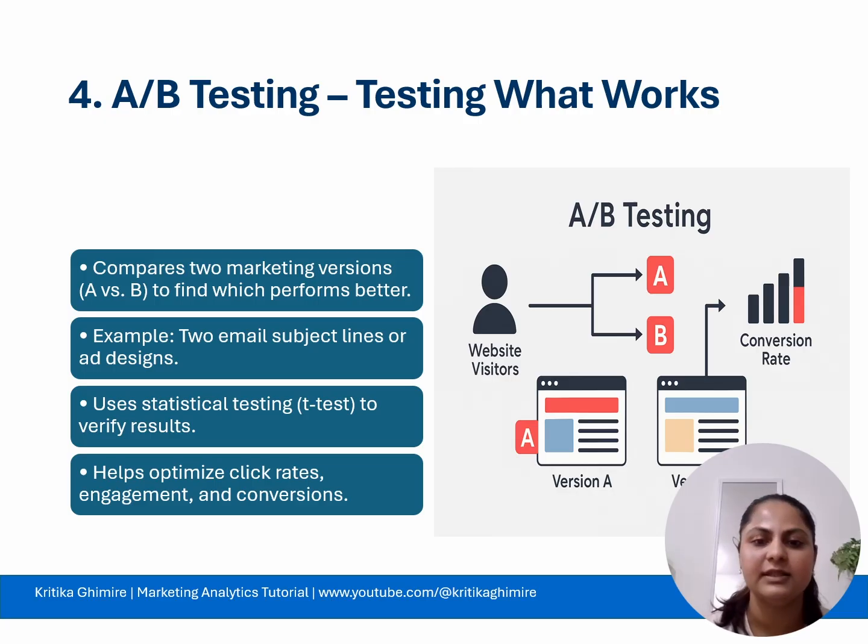So this is called A/B testing, and this process removes the guesswork, and decisions are made based on real results, not opinions. And companies like Instagram and YouTube constantly run A/B testing to improve their design, placement, and engagement.